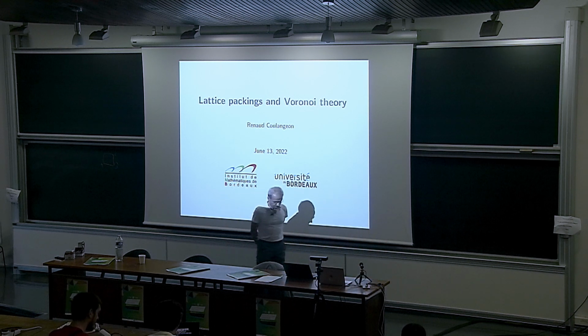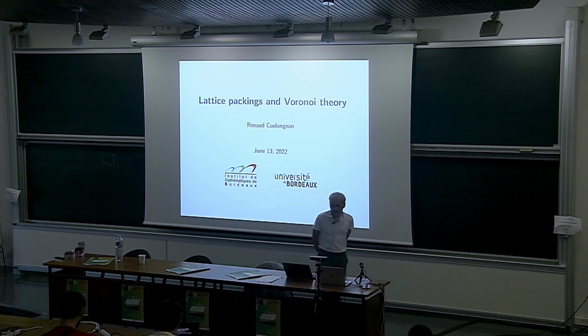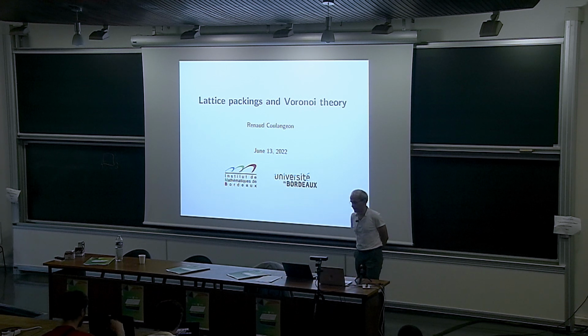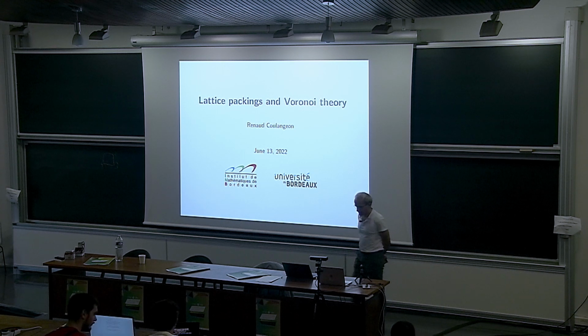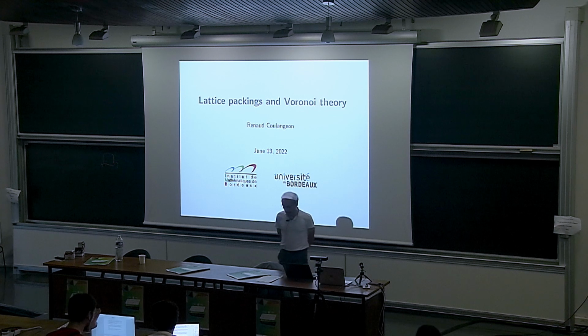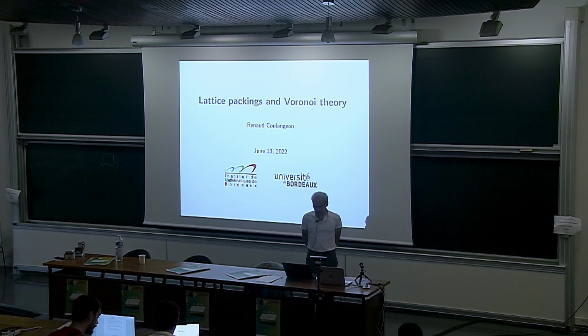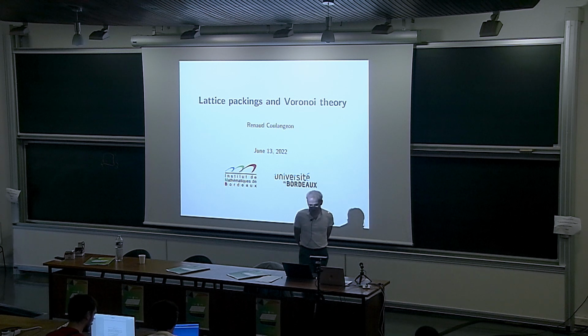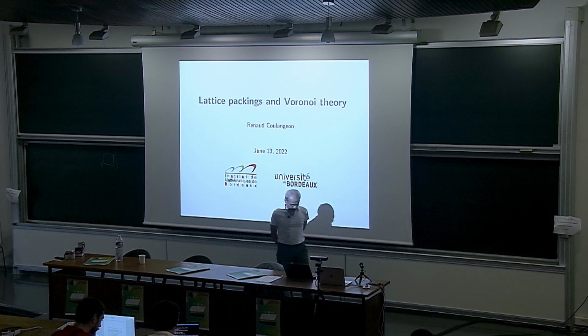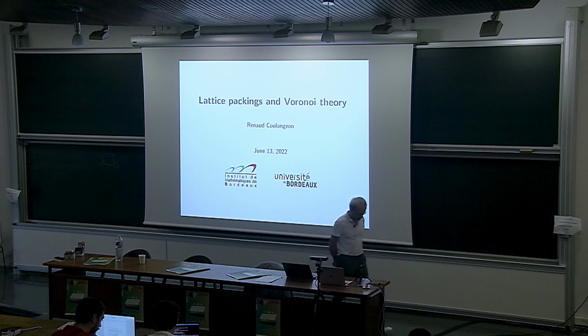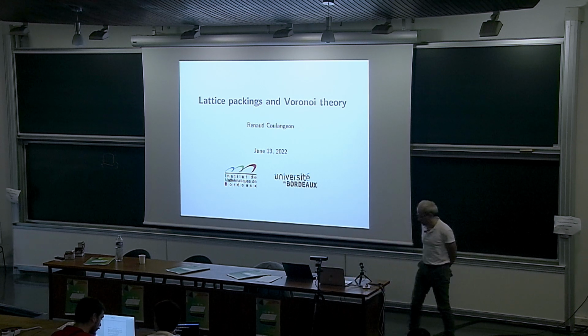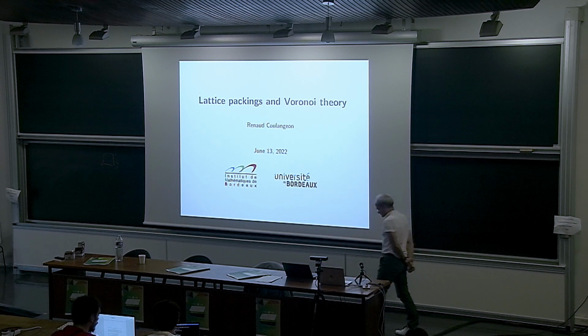So the Voronoi complex relies on the concept of perfect quadratic form or perfect lattice. In fact, this concept has its roots in a very classical problem in geometry of numbers, that is the question of the search for dense lattice packings.